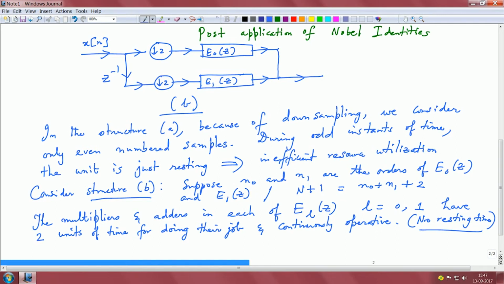And if you think about an M phase down sampler, you can imagine your efficiency is M fold, roughly M fold. Okay.